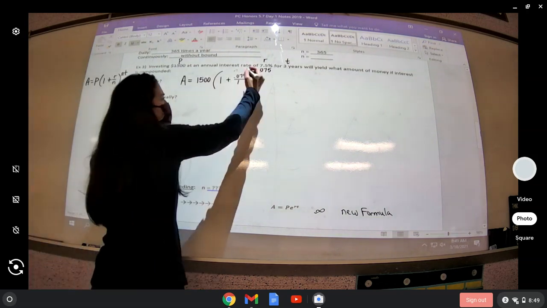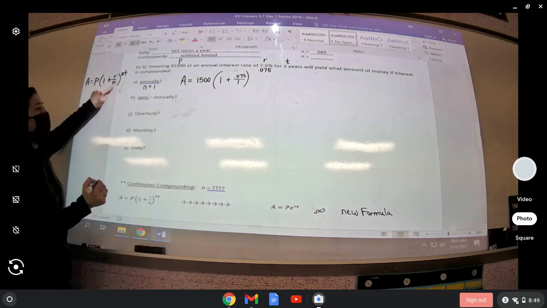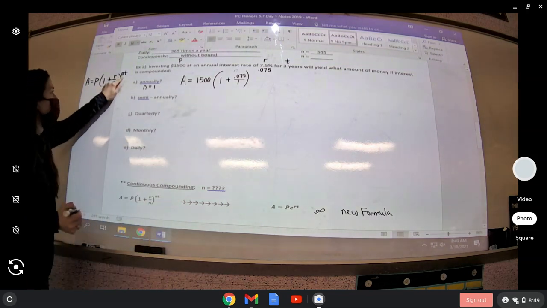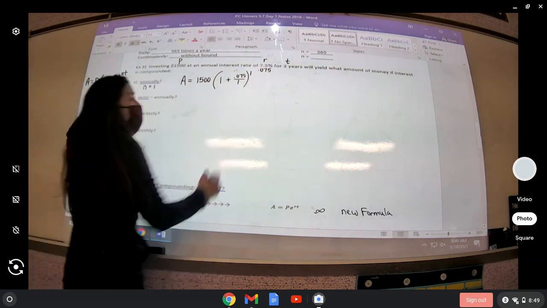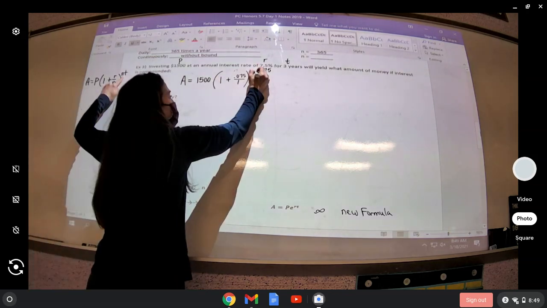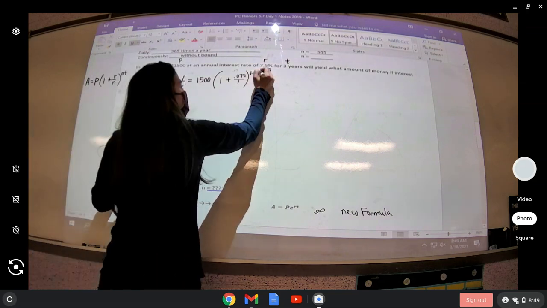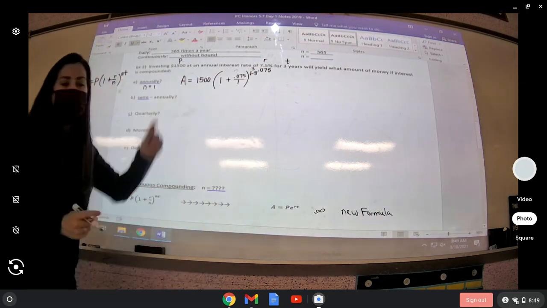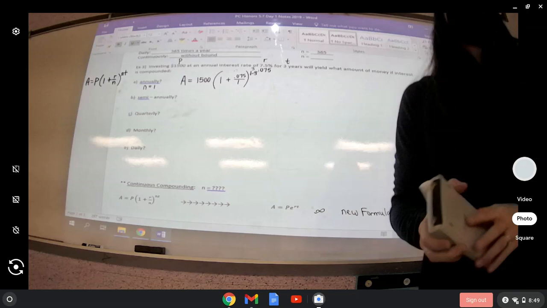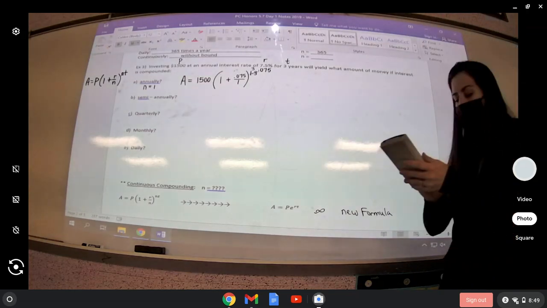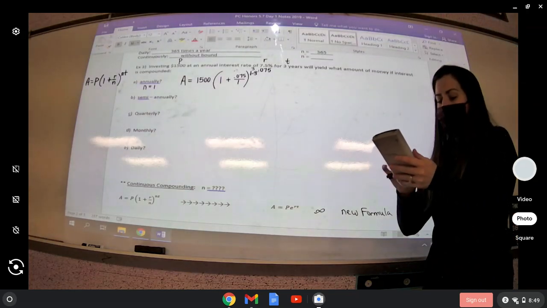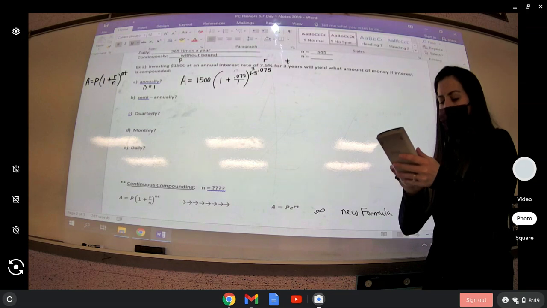So you really don't have to divide this one by one, but I'm just using the formula, so I'm going to put it in. And then it's going to be to the power of, they're going to do this 1 time per year times 3 years. So it's really to the power of 3. So guys, type that into your calculator. 1,500, parenthesis, it'll do the entire thing for you. So 1,500, parenthesis 1 plus 0.075.